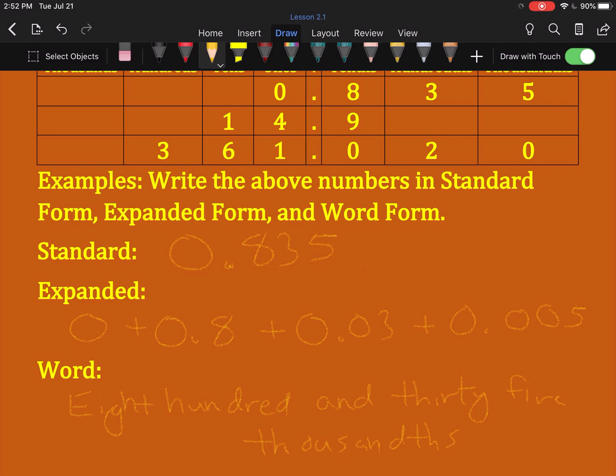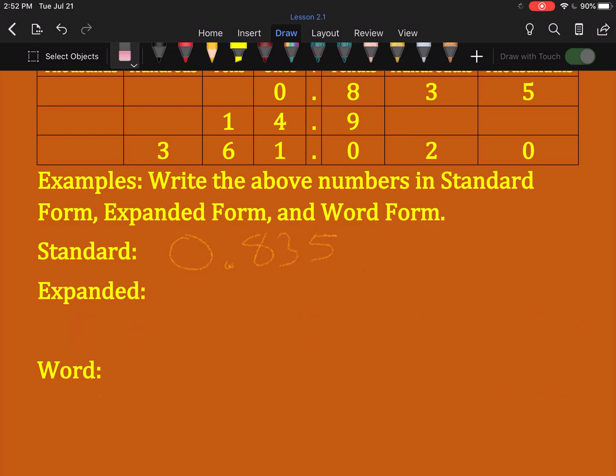So this is 835 thousandths. Now, the next number there, so I've got to get rid of all this, is 14.9. In standard form, it looks like this, just 14.9. In expanded form, where we write it out by its place value, we have a number in the tens position, plus a number in the ones position, plus a number in the tenths position: 10 and 4 and 9.